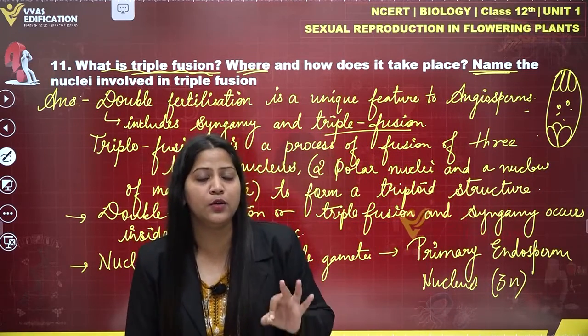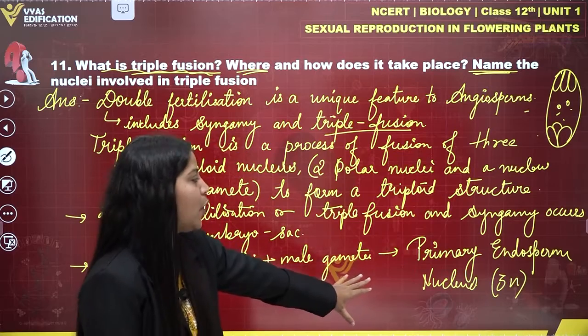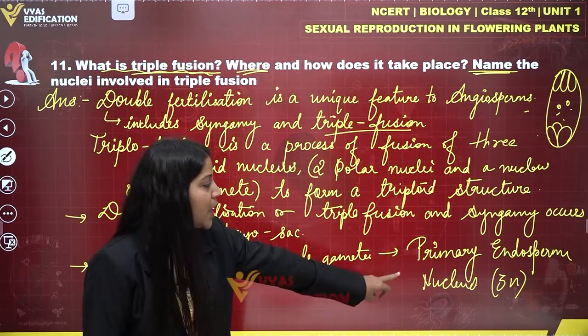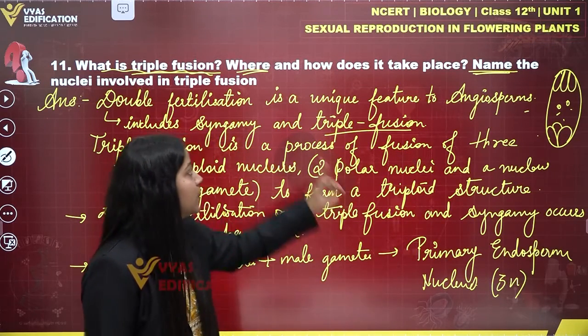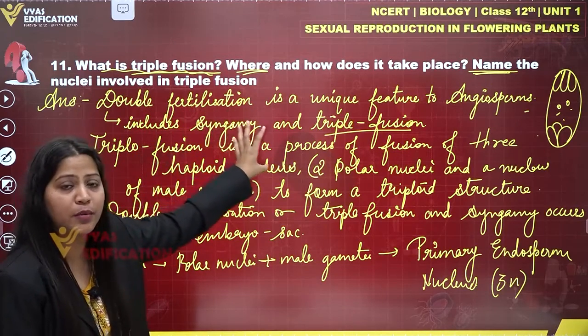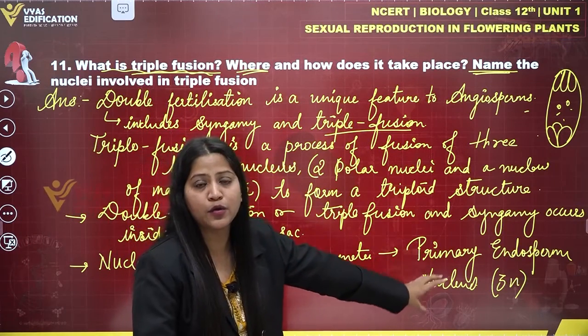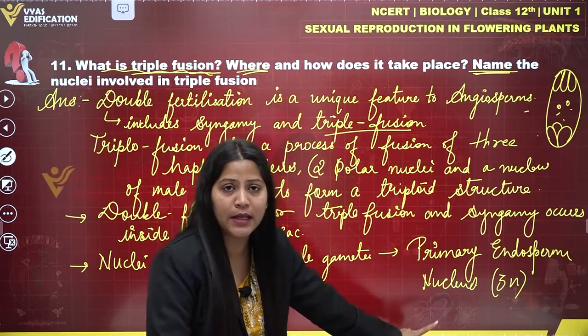The fusion of 3 nuclei forms this triploid structure known as the primary endosperm nucleus.